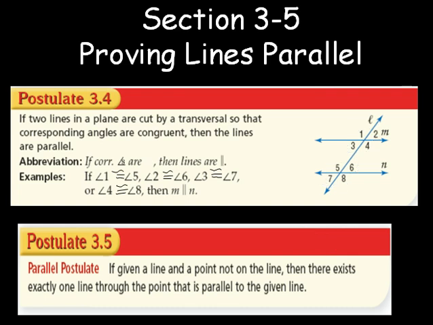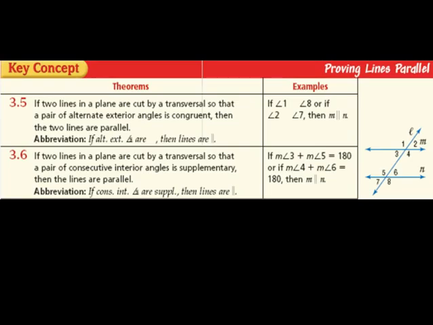Okay, moving on to the next one. Theorem 3.5. If two lines in a plane are cut by a transversal so that a pair of alternate exterior angles is congruent, then the two lines are parallel. So here's the abbreviation.